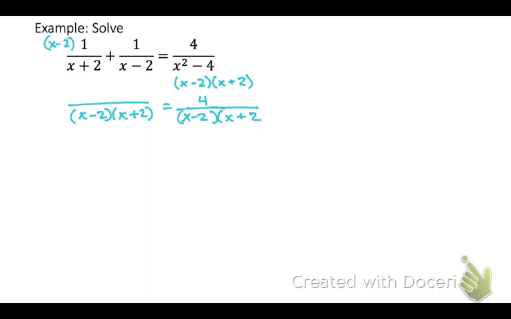Yes. And I have to multiply this by x plus 2. Well, I thought you had to do it to the 4. The 4 already has both things. Okay, never mind. That's where we needed it. That's why I stopped.